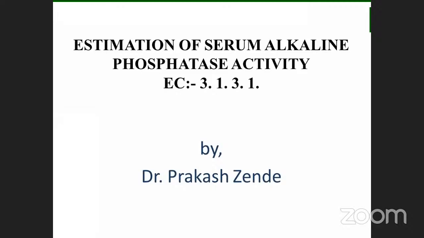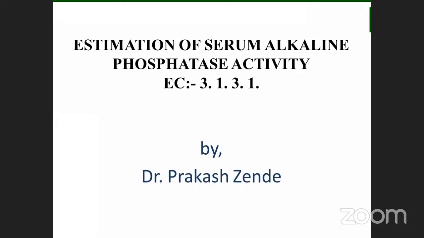Why are enzymes released and their activities increased in serum? Because specific enzymes are present in specific tissues. If there is any destruction of that tissue, this enzyme is released from that tissue and enters into the circulation, and that's why this enzyme activity is increased.